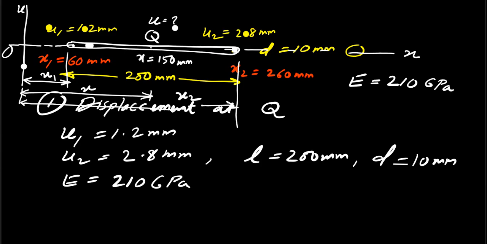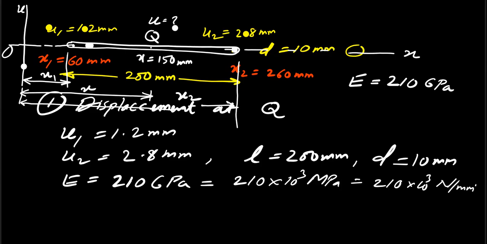One thing we observed here, many of the values are in millimeter, like the displacement, length, diameter, and here we can convert this Young's modulus also in terms of millimeter. So 210 into 10 power of 3 megapascal, where 1 megapascal is equal to Newton per millimeter square. Hope you understood the converting of the values.